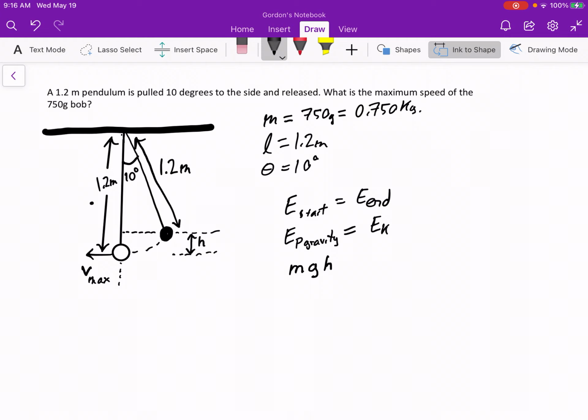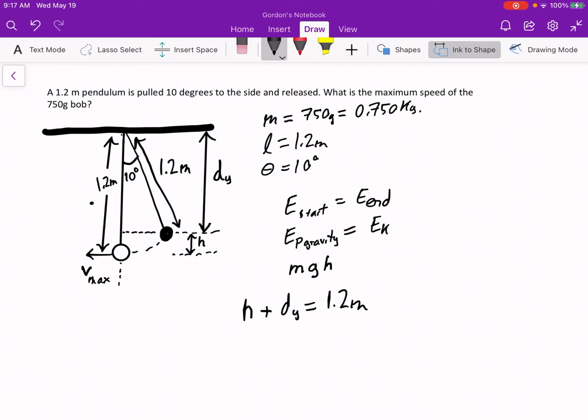So really what we have to figure out is when the pendulum has moved to the side, what is the distance, the vertical distance here? We'll call it dy maybe. What is this vertical distance? Because we can say that the height here plus that vertical distance are going to be equal to this total length, right?